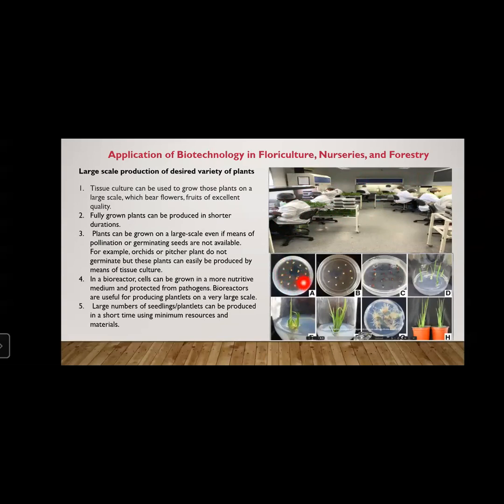Without seed, the tissues are transferred into the nutrient medium where they multiply, divide, redivide to form the tissues of the plant and finally develop into an entire plantlet. Within a lab setup, a large number of seedlings or plantlets can be produced within a short time using minimum resources and materials.